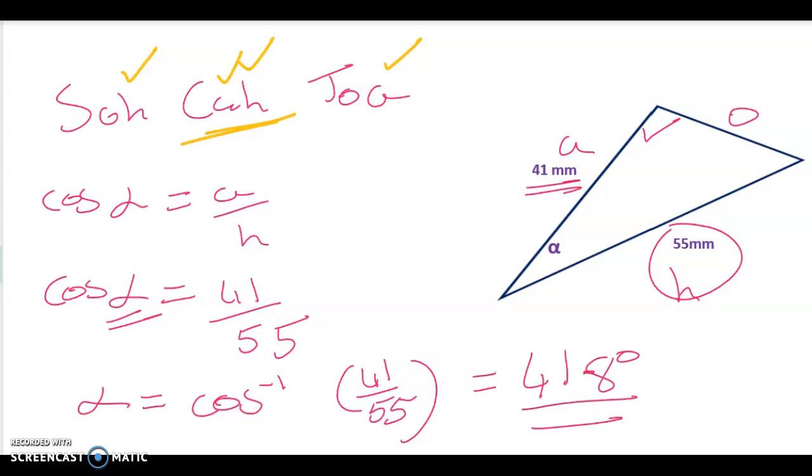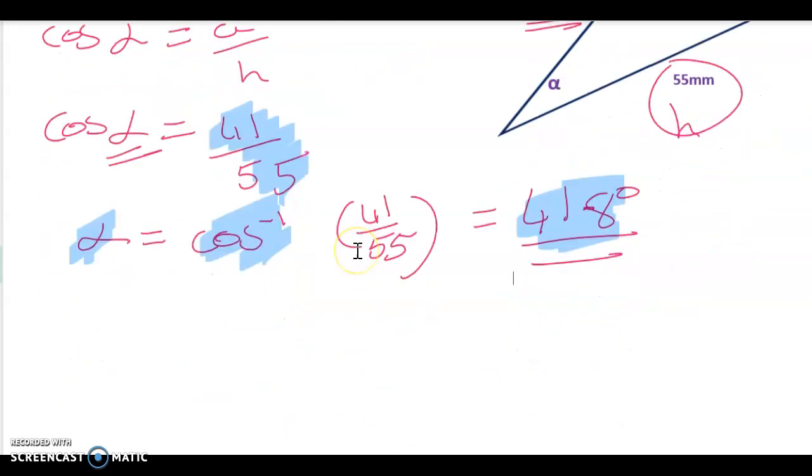Always remember at this point, when you've got alpha equals your fraction and you want alpha on its own, whichever ratio you're using, it's the inverse, the shift, which will turn your fraction back into your angle. Now the way we've been doing it there, we've been doing it as a fraction, so I put into my calculator the cos inverse and then the actual fraction, say 15 over 21.